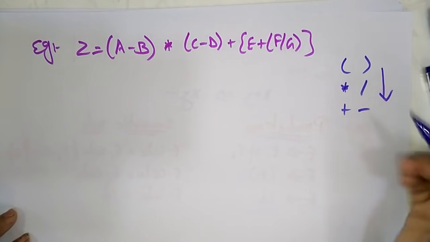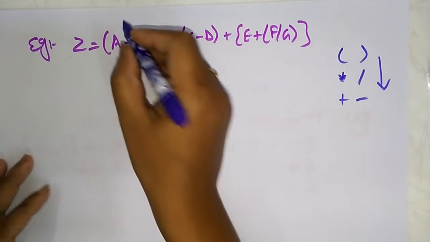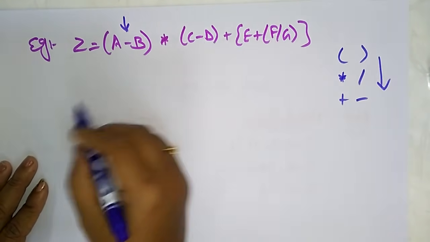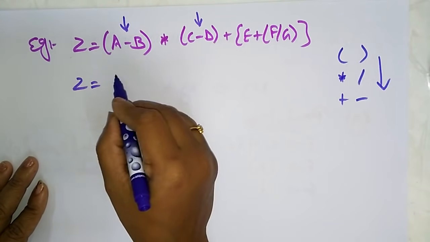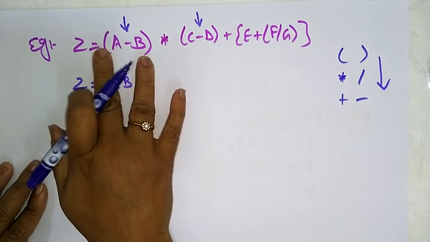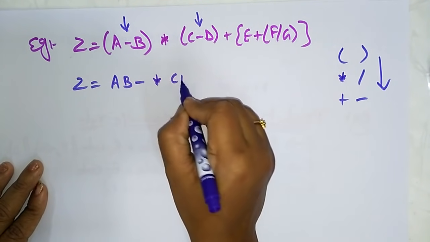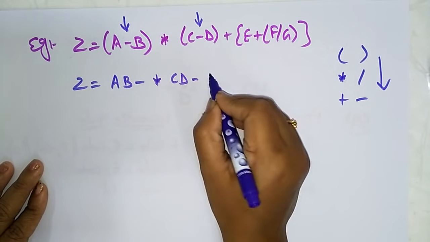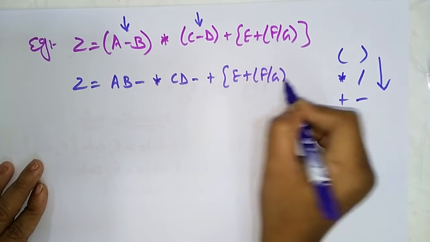So the precedence is decreasing. First concentrate on the parenthesis. Z is equal to AB minus, so just remove the parenthesis and make it postfix, star CD minus plus E plus F by G.